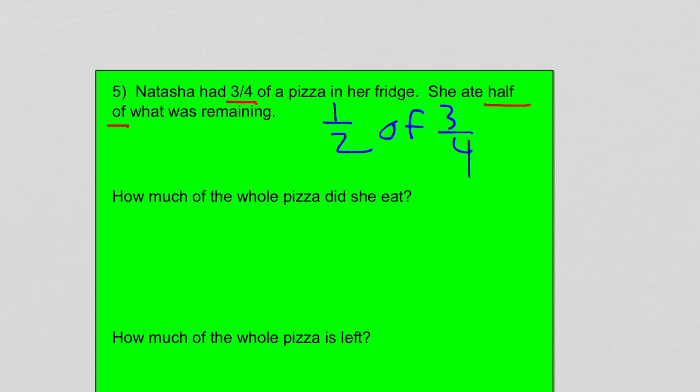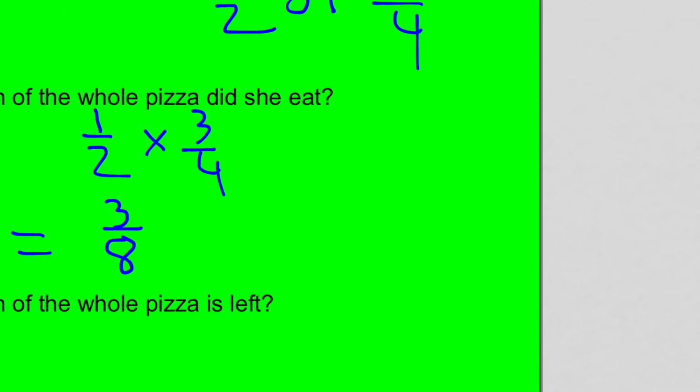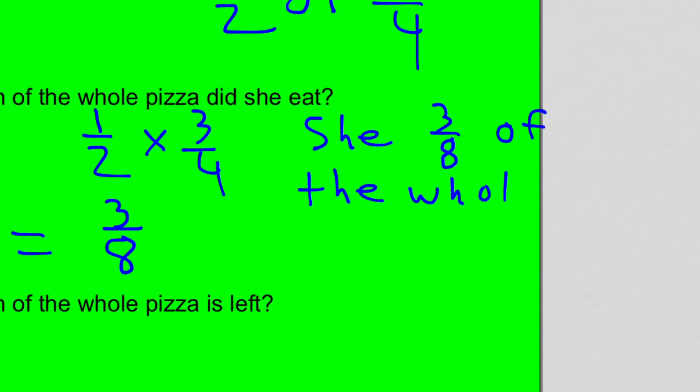And half of 3/4 indicates fraction multiplication. No simplifying to do, so that works out to 1 times 3 and 2 times 4, which is 3/8. How much of the whole pizza did she eat? She ate 3/8 of the whole pizza.